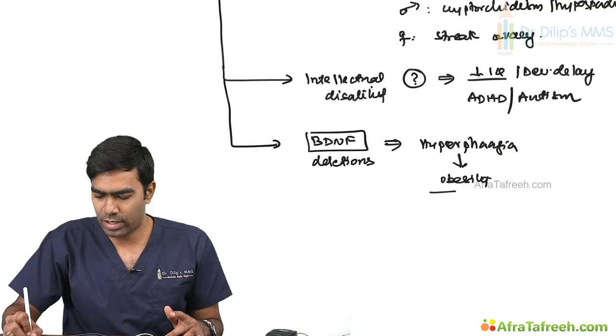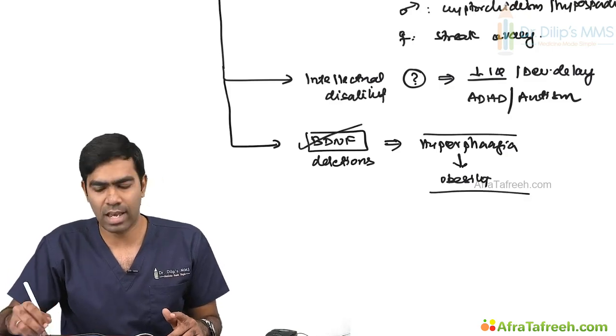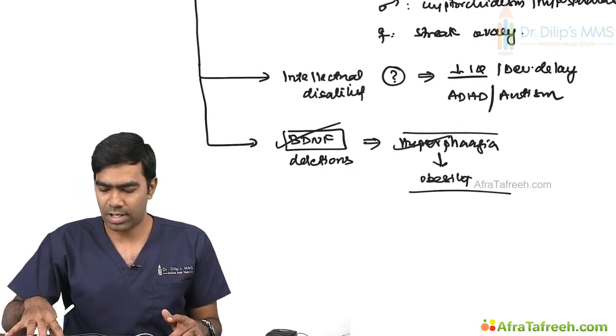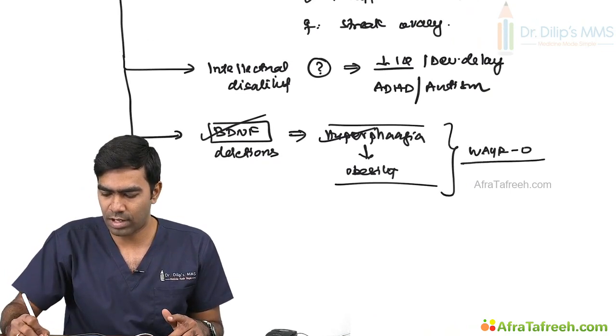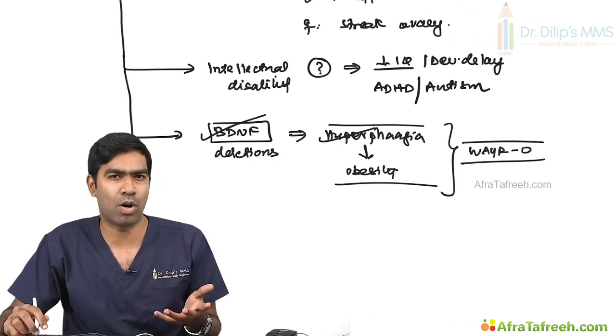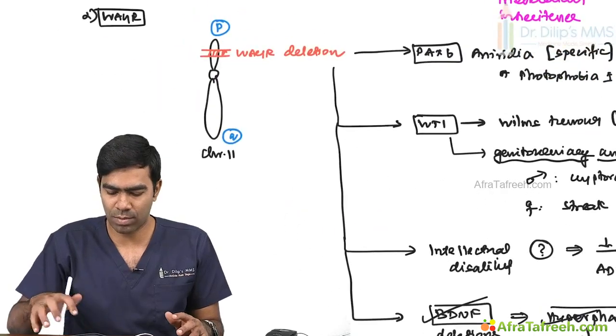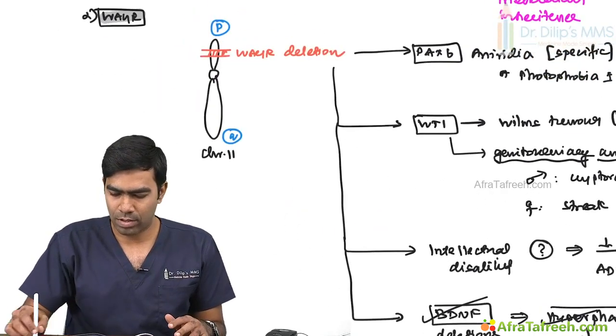It's not seen in all the individuals. Suppose BDNF deletions are there and hyperphagia is there, that syndrome is also referred to as a separate syndrome called WAGRO, but it's better to avoid this kind of terminology. It's better to stick to the term WAGR syndrome.